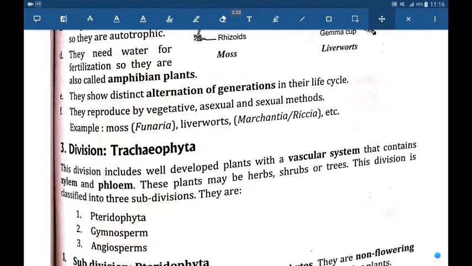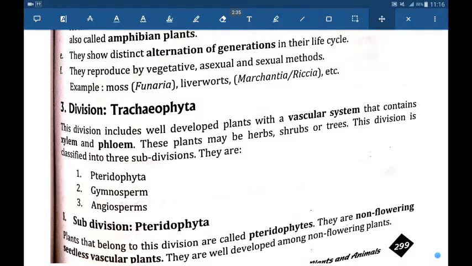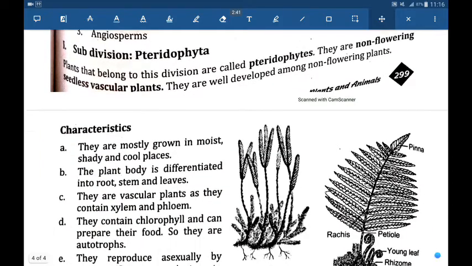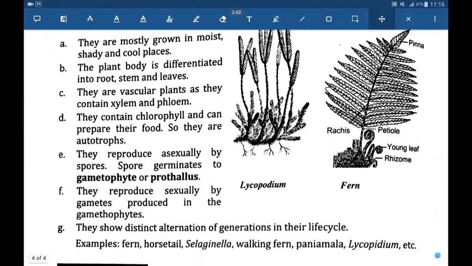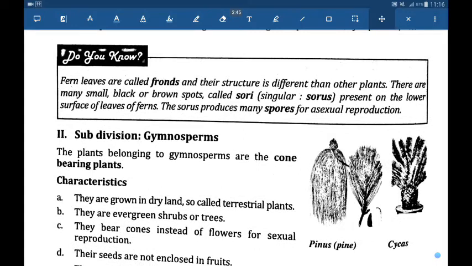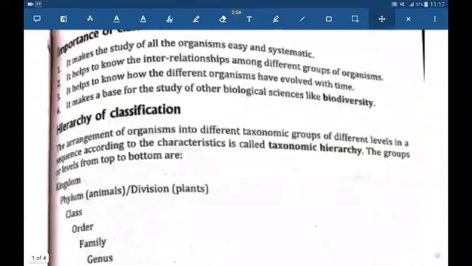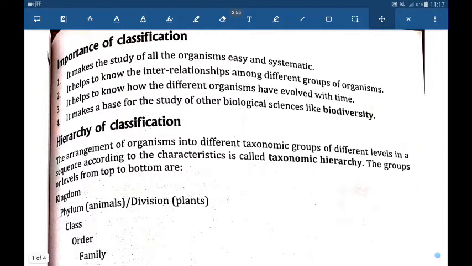Then finally we will be discussing Tracheophyta and subdivisions of Tracheophyta. Afterwards we will be discussing Pteridophyta and Gymnosperms in the next class, okay friends? So now first let's begin with the importance of classification.